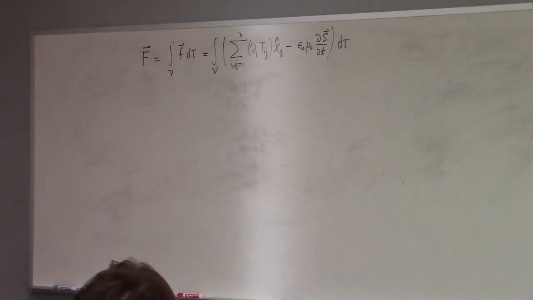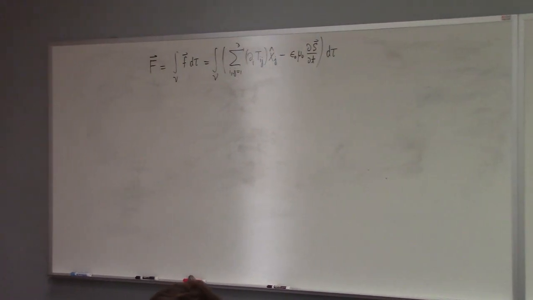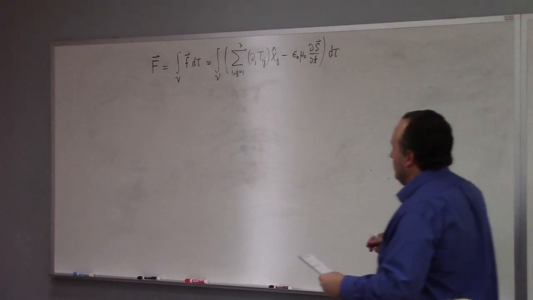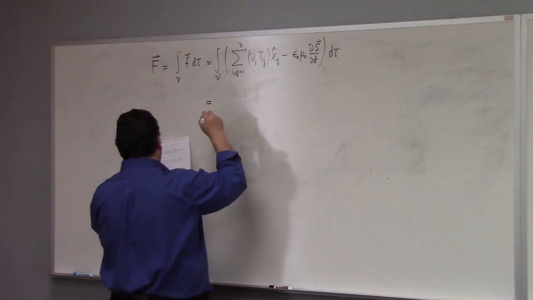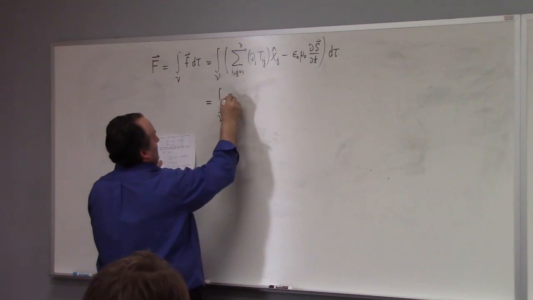All right, so what are we up against here? We're up against the integral over the volume of the sum.